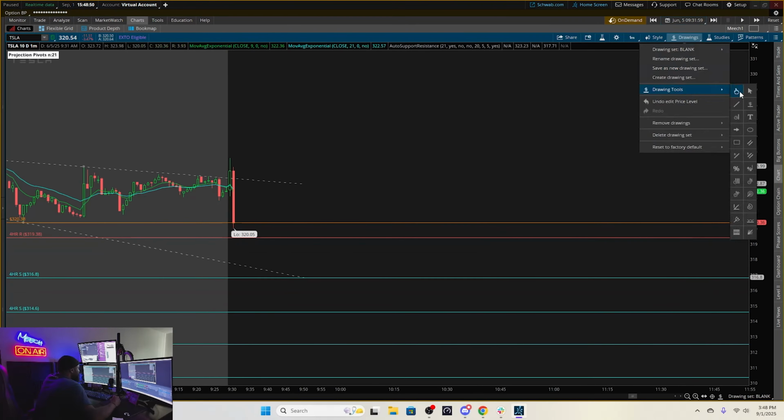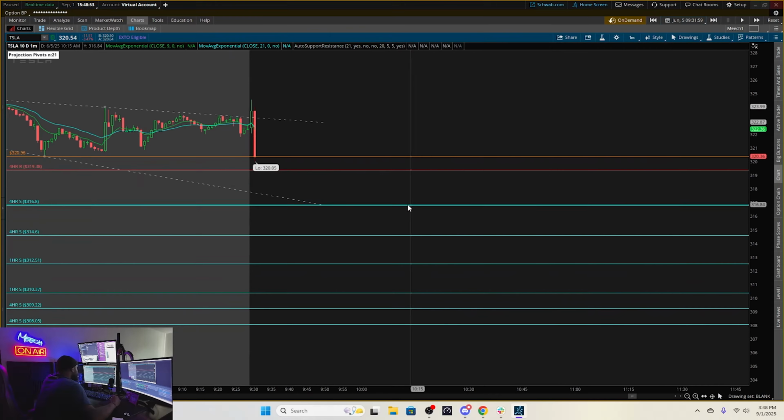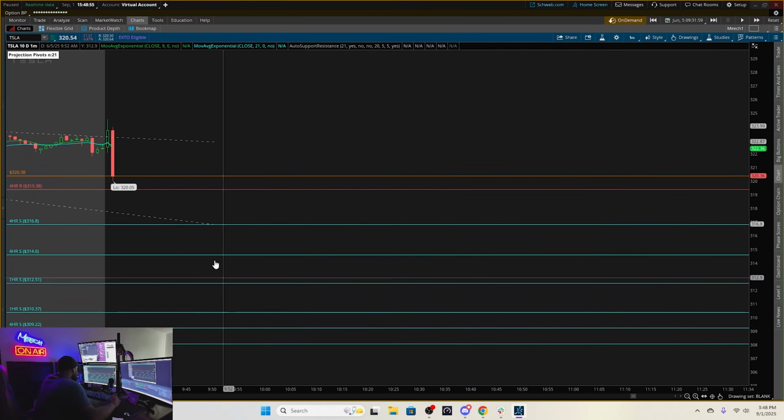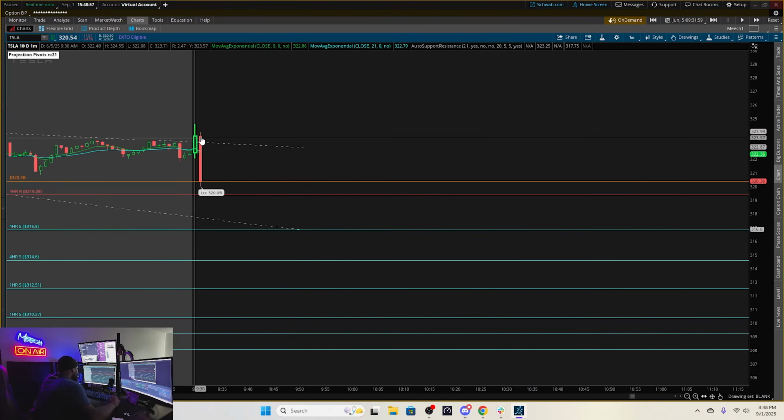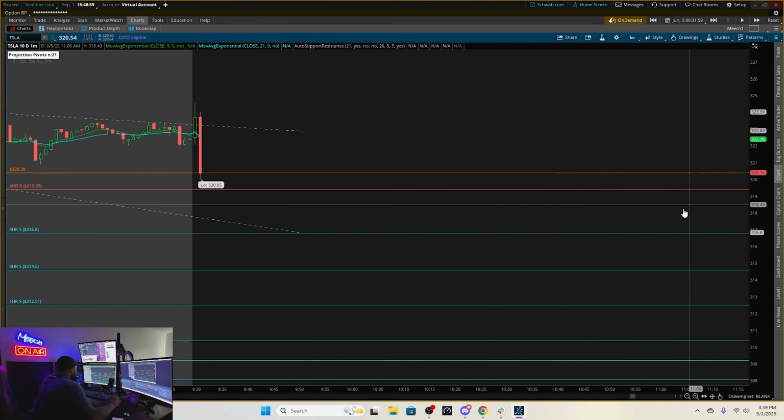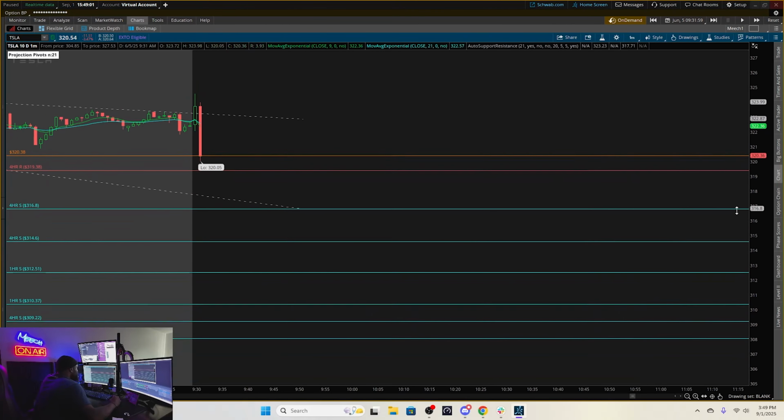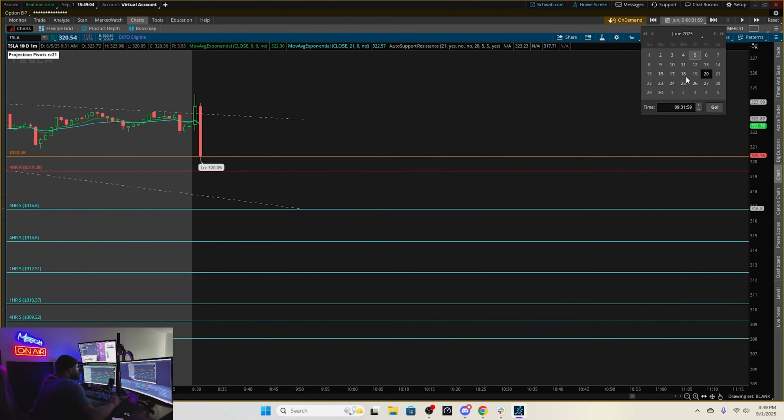Same thing as the last play. Got a double top, reversal, bearish reversal. Now we're coming down. Remember this resistance right here, right? Let's go to 40. Let's not rush it.